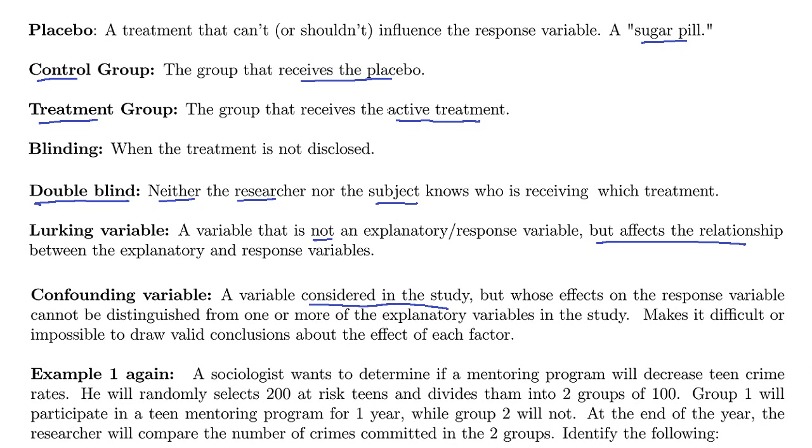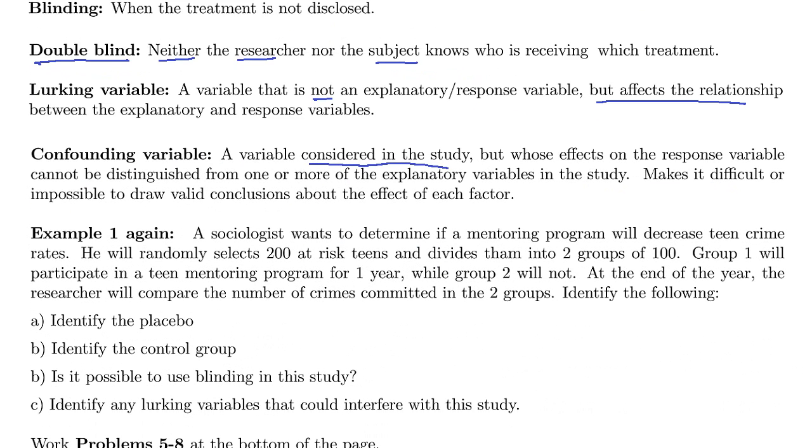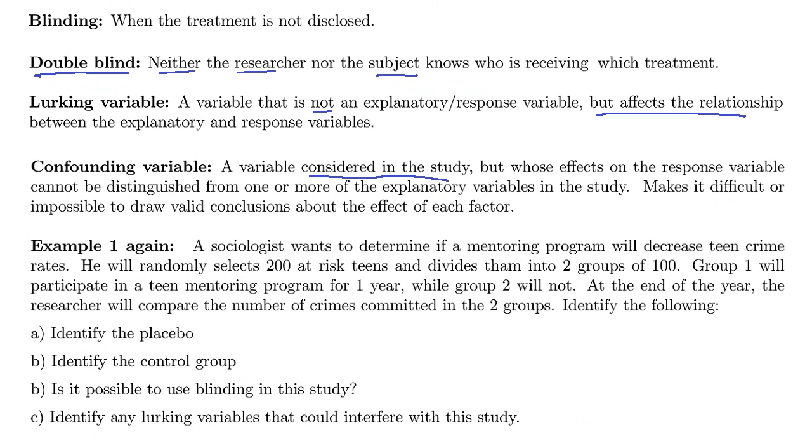So let's look at our example here again. This is example 1 again, and we want to know what our placebo is here. So the sociologist is dividing the at-risk teens into two groups. One group receives mentoring and the other group does not. So the placebo, the thing that's acting like the sugar pill here, is no mentoring.